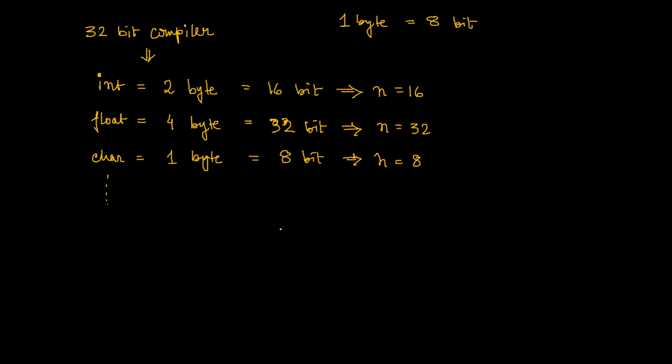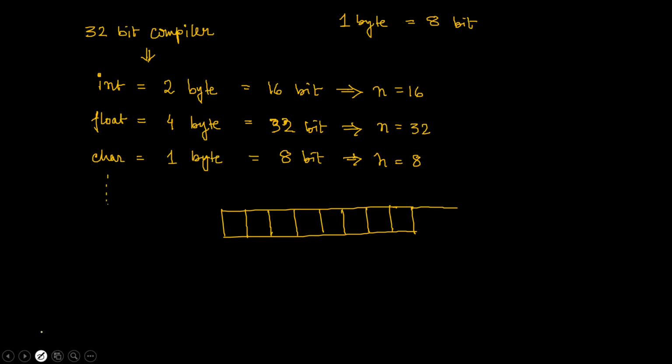For a moment, I have a total length of 8: 0, 1, 2, 3, 4, 5, 6, 7. Up to 7 means 8 bits.